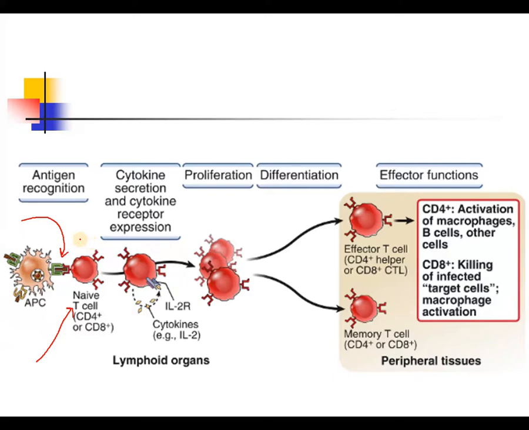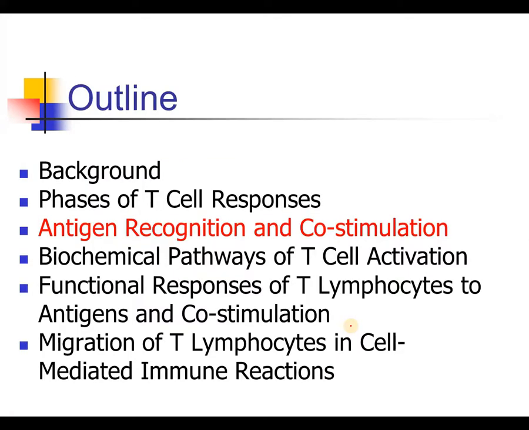The dendritic cell will supply certain signals that will include cytokines and will change cytokine expression on that naive mature T cell. It will start to proliferate, it will differentiate, and ultimately it will perform its effector function. So I'm really going to talk about the processes involved here today. So what about antigen recognition and co-stimulation? We'll start there first.